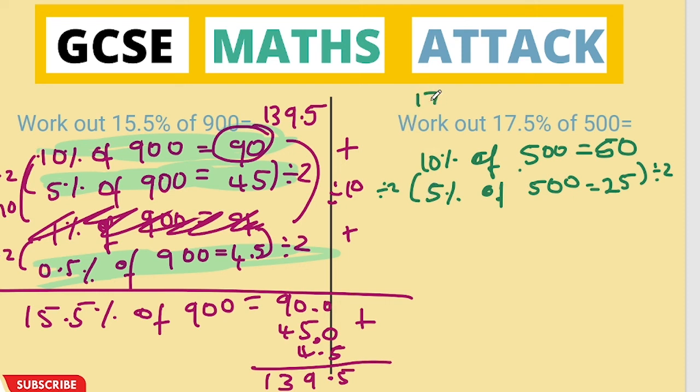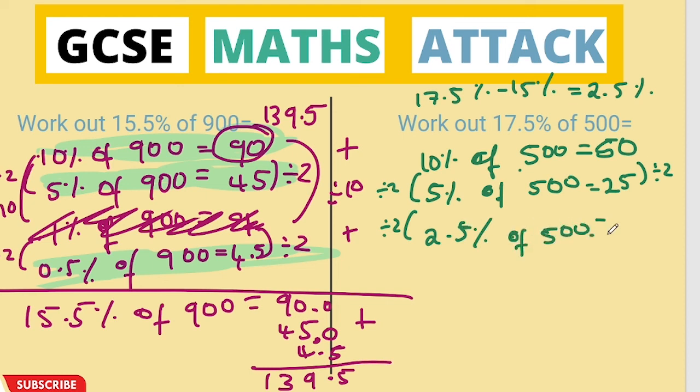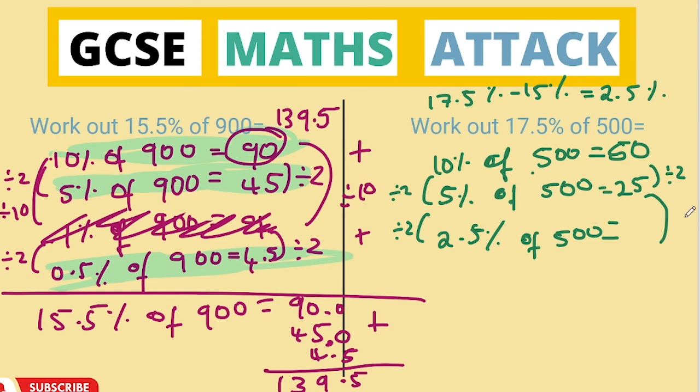Now we need 17.5%, and if I subtract 15%, I'm left with 2.5%. I can halve my 5% in order to get to 2.5. So 2.5% of 500 will be half of 25. Half of 25 is 12.5.